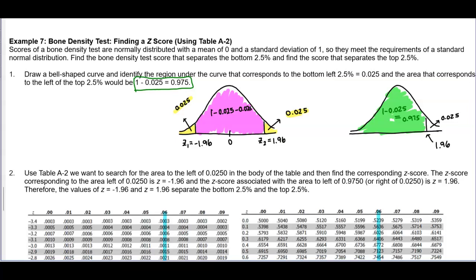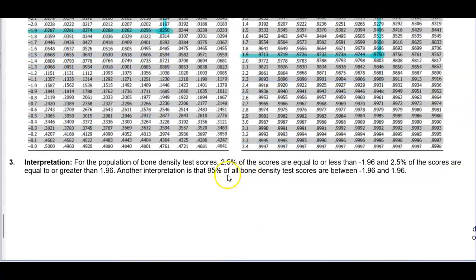When we take 1 and subtract that, we get 1 minus 0.05, which equals 0.95. Think about that: if you take 0.025 and add 0.95 and add 0.025, that gives you a total of 1. So again, we can say 95% of all bone density scores are between those two values.